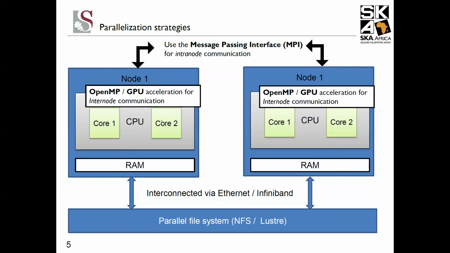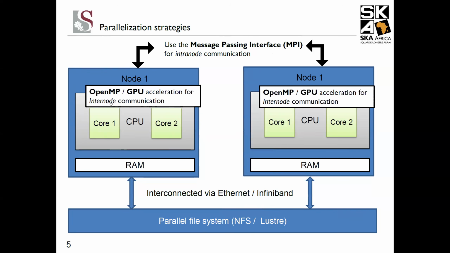With OpenMP, the goal is to do the acceleration on a node. Remember, when we distribute the work between the nodes, as we've seen in the previous lectures, we can use something like MPI, the message passing interface, for internode communication.